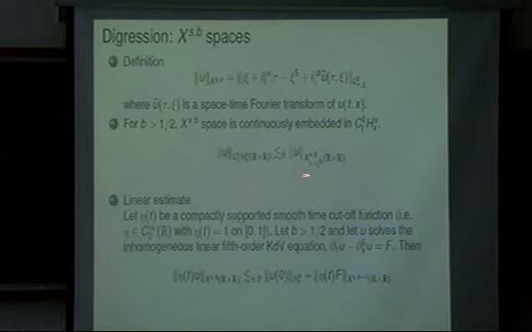Such a type of function space was extremely useful in the low regularity theory of dispersive equations. And there are similar things for wave equations or parabolic equations, like parabolic Bourgain spaces or wave Bourgain spaces, something like that. Okay.